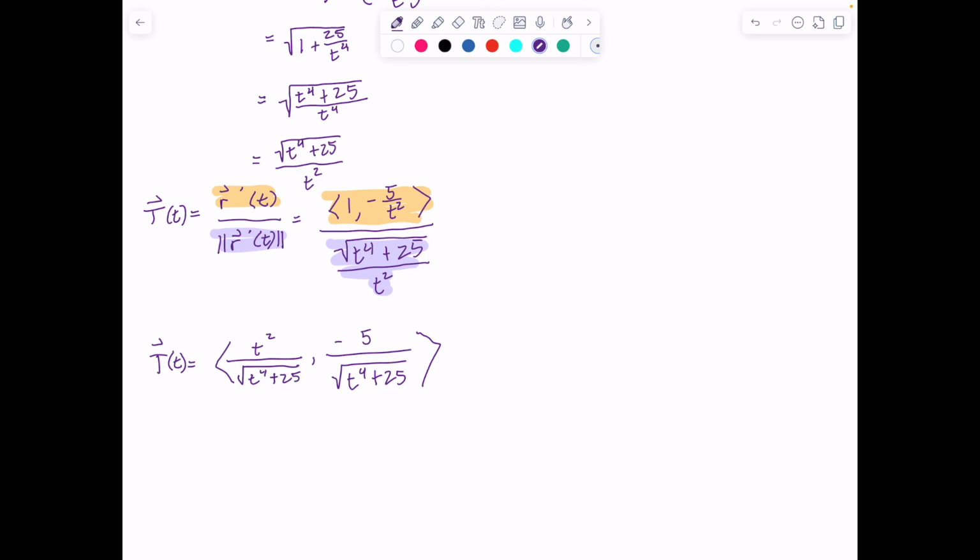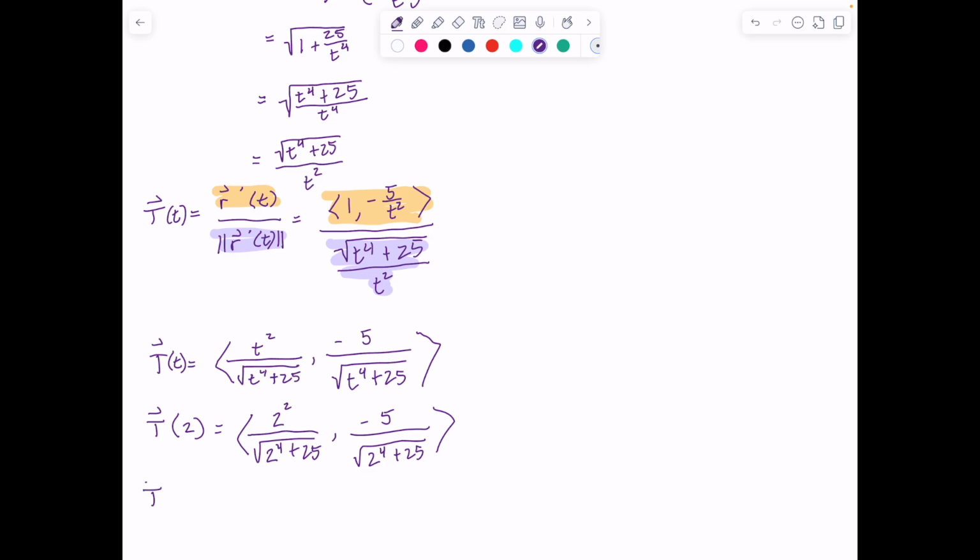And then to find T at 2, we just plug in 2's wherever there's a t. So we'll get 2 squared over the square root of 2 to the fourth plus 25, and then negative 5 over the square root of 2 to the fourth plus 25.